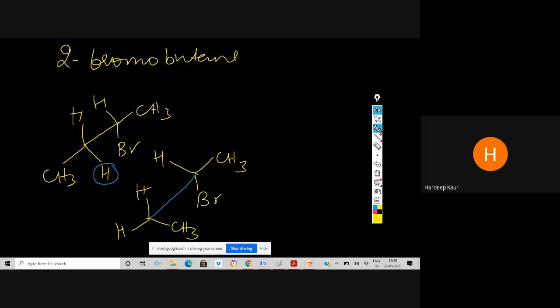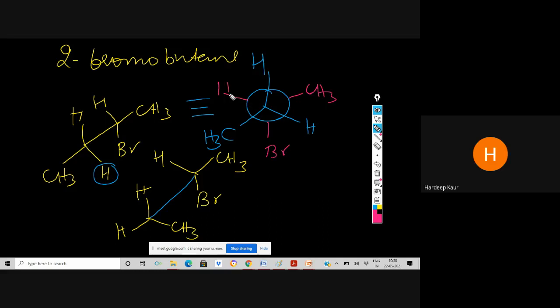So if we represent both the structures in Newman form, it is like this. The first carbon has H here, CH3 here, and H here. The front carbon is drawn, and the back carbon has the bromo here. Methyl is between two hydrogens and H is here.